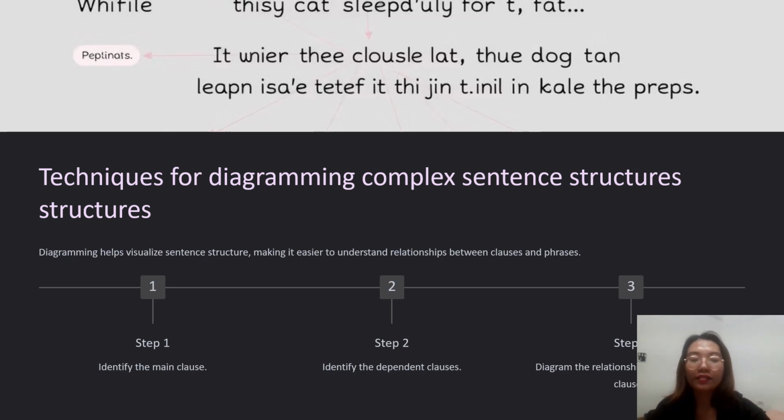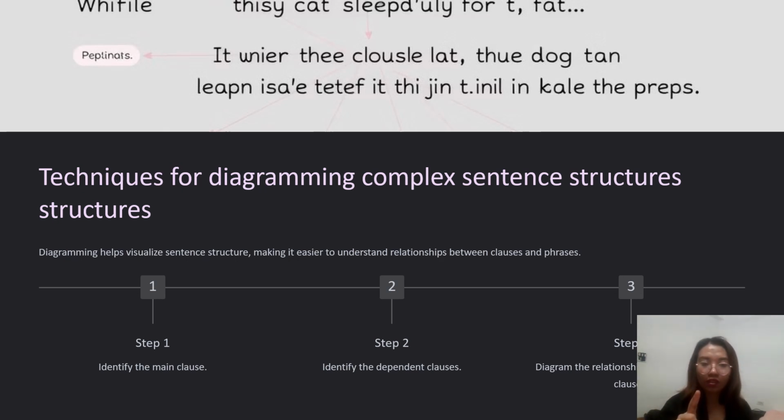And step number 3 is to diagram the relationship between clauses. Now we need to connect the main clause and the dependent clause to show their relationship. How do we diagram this? First, draw a horizontal line for the main clause. Next, use a dotted or slanted line to connect the dependent clause to the part of the main clause it modifies.